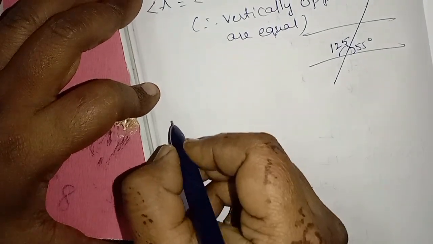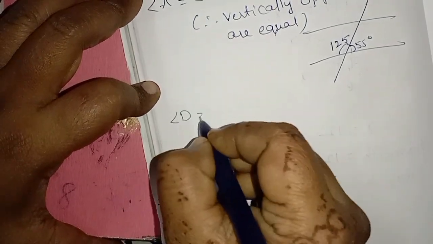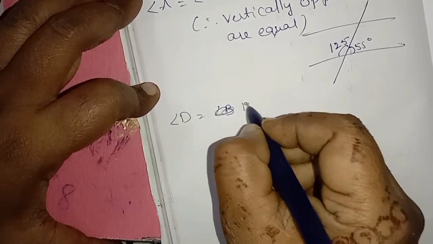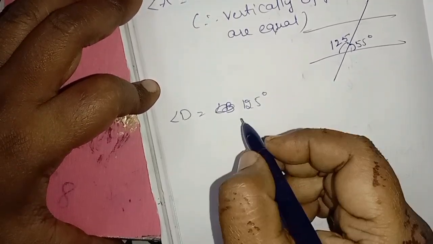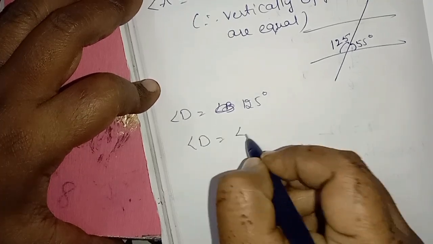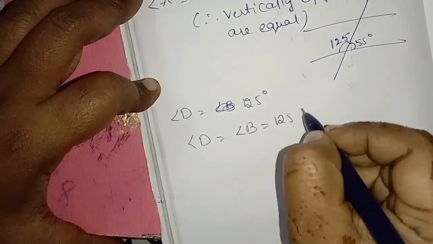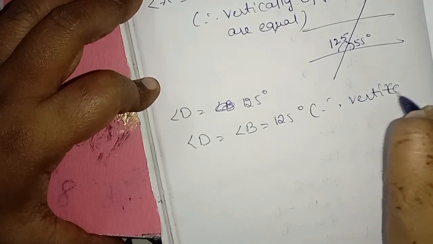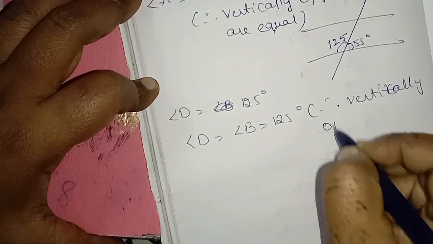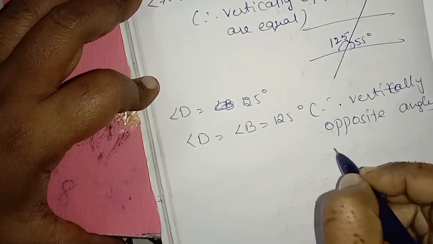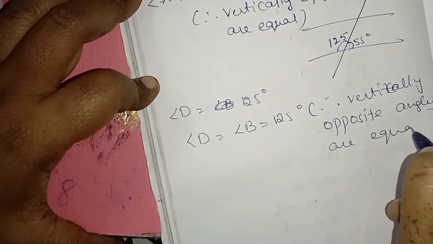So angle D equals to angle B equals to 125 degrees. Again you write opposite angles are equal. Clear? Next.